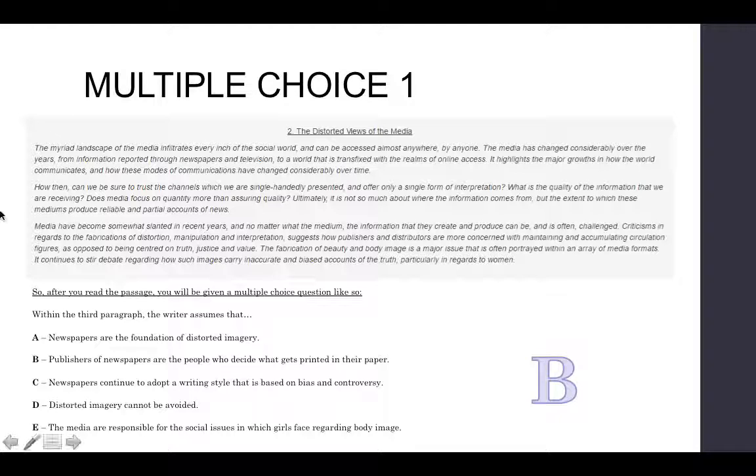So make sure you have a good read through the passage and understand what is being said in regards to how the writer is talking about a certain topic, what view they are taking, and how they come across in their writing style.